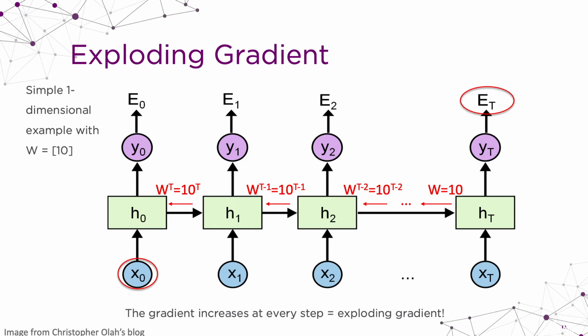If I have many elements in my sequence, I multiply by W, let's say capital T times. So basically, I'm multiplying by W to the power of capital T. And let's say that in this case, W is 10. So this number will be very, very big because, for example, I can have 100 elements in my sequence. So you see that the gradient is going to explode, and I can overflow. So the backpropagation would not work.